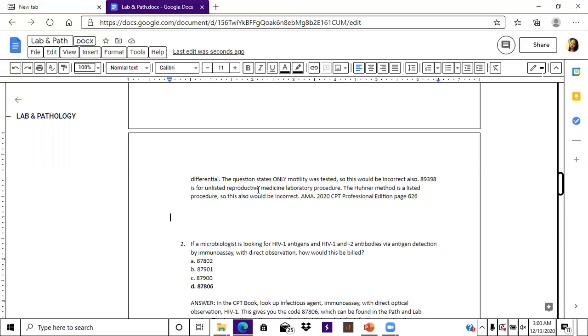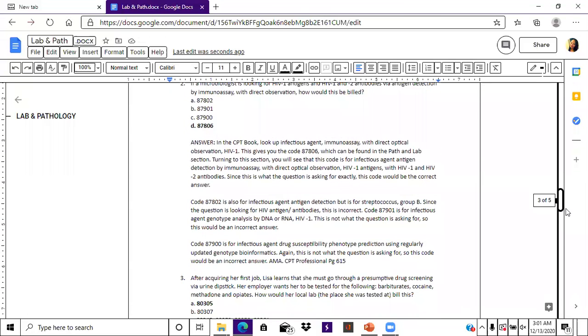It pretty much covers almost everything. Just in case it doesn't, every category has an unlisted code that you can use. So for reproductive, 89398 is if you have a procedure that is not listed in the book. You can find this on page 626 in the CPT Professional Book 2020 edition.